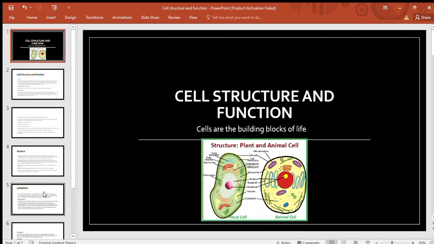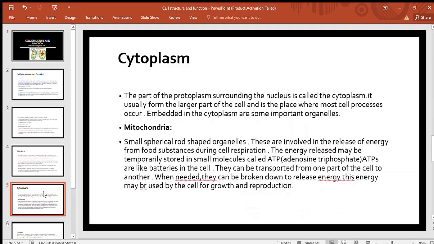Next we move toward the cytoplasm. The part of the protoplasm surrounding the nucleus is called the cytoplasm. It usually forms the larger part of the cell and is the place where most cell processes occur.